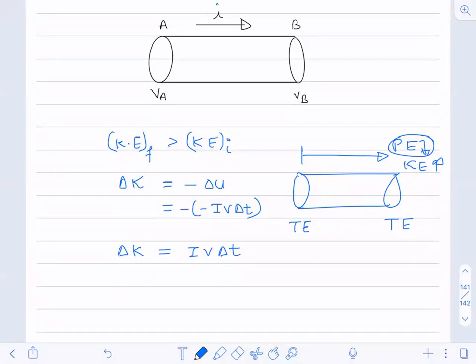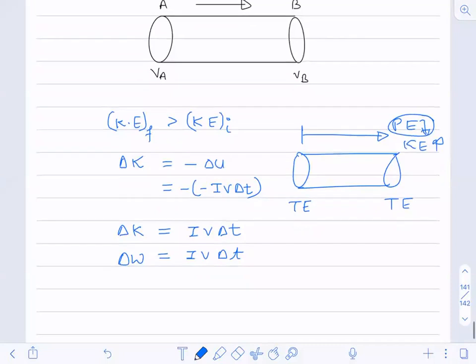How am I saying energy dissipated? Because of the collisions within the delta T time. There will be a collision, and due to that collision some energy will be released. So I can equate this as delta W equals IV delta T.